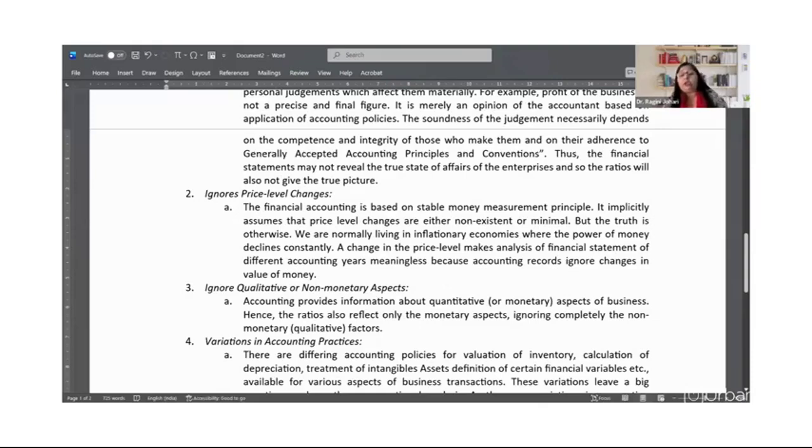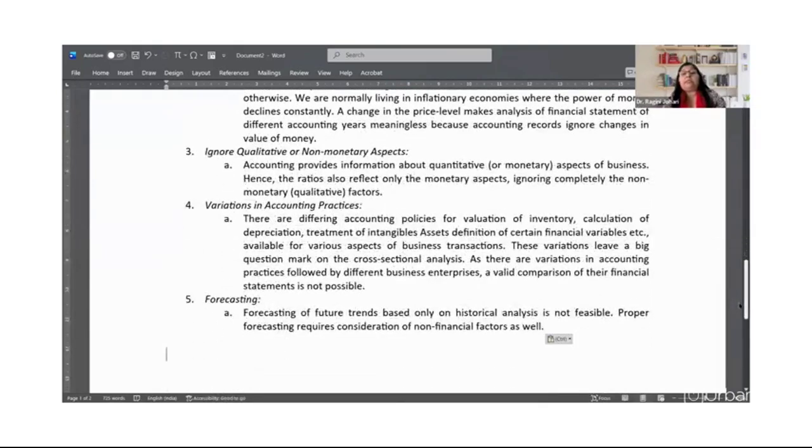Then qualitative and non-monetary aspects of the business are also ignored here, because everything is mentioned in monetary terms, right? So qualitative aspects are ignored. Then there is variation in accounting practices.